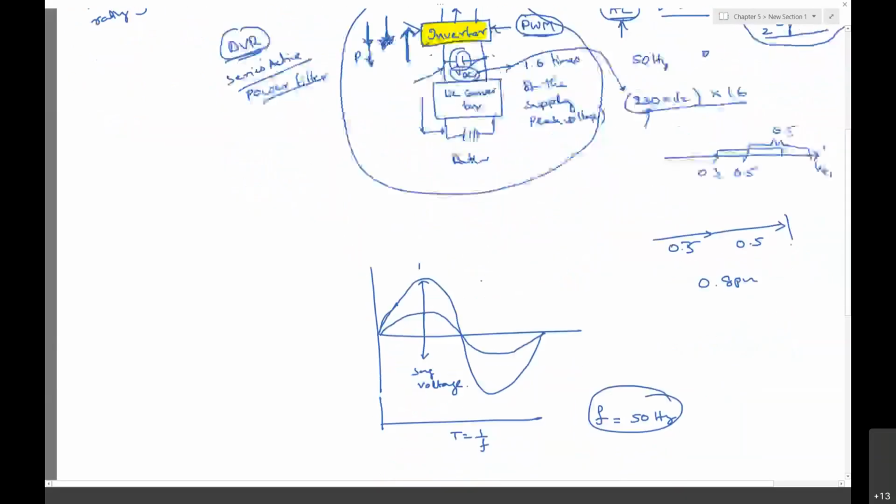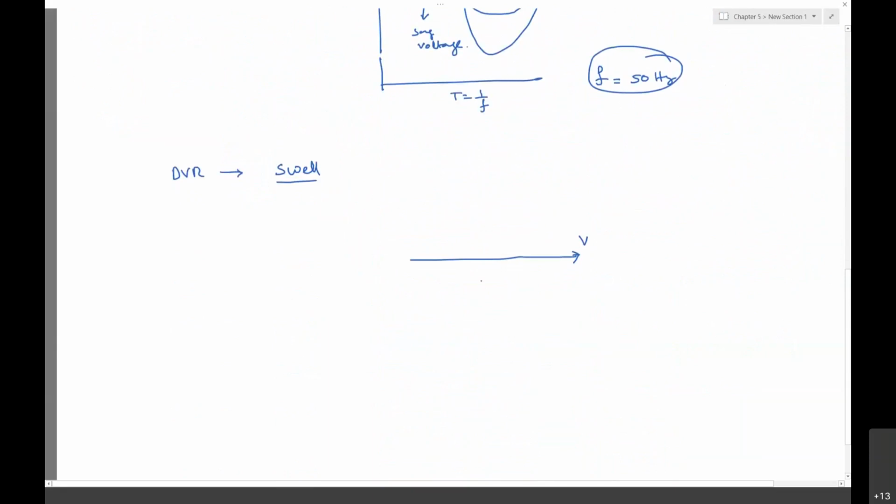Why? Because during the swell condition, at the voltage level at this particular point VT2, this device is going to act as a sink.